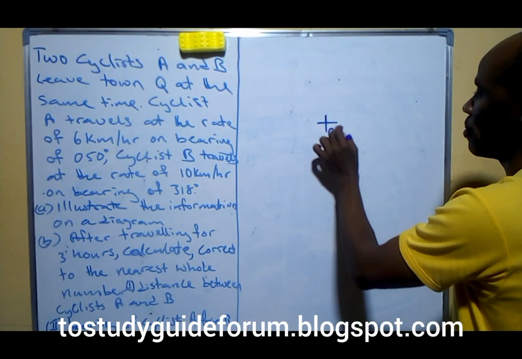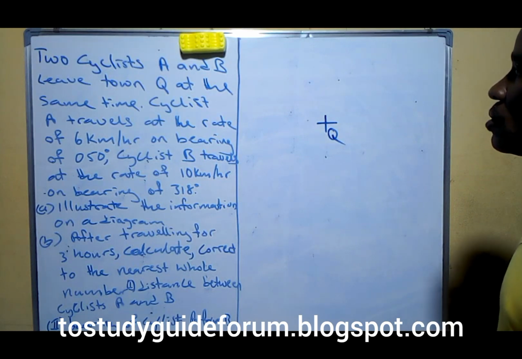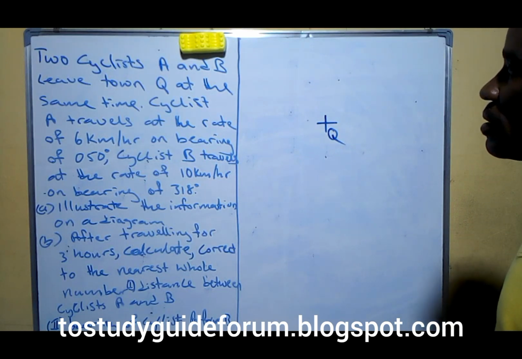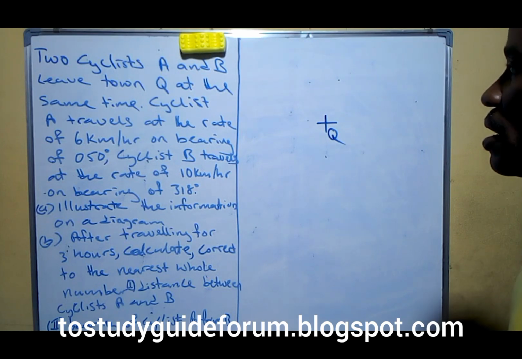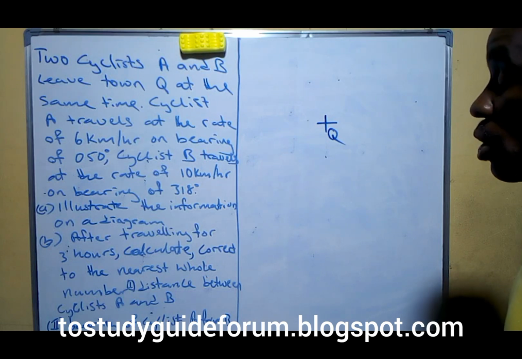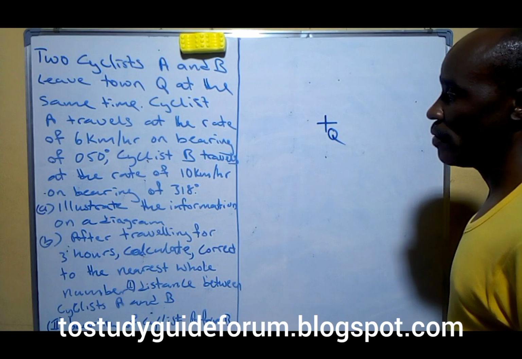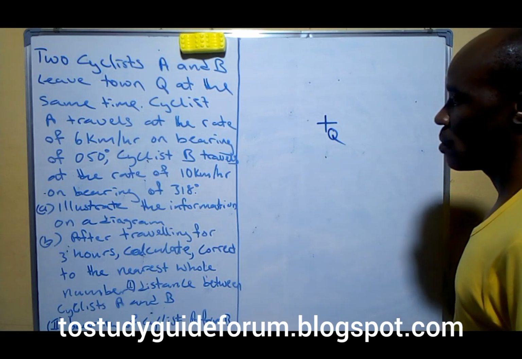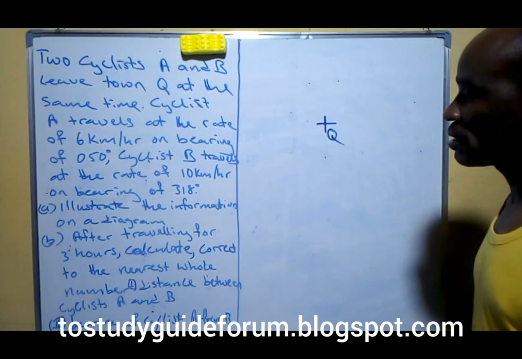This is the town in question. Cyclist A travels at the rate of 6 km per hour on a bearing of 050 degrees. If you look at that, it's a 3-digit bearing.